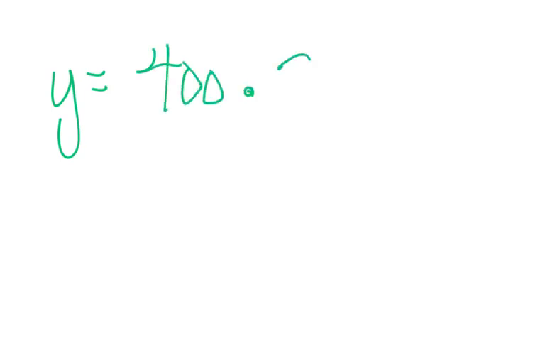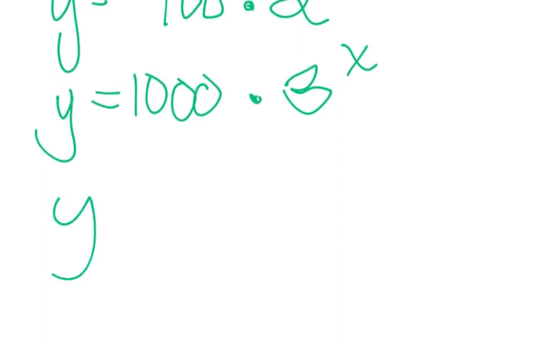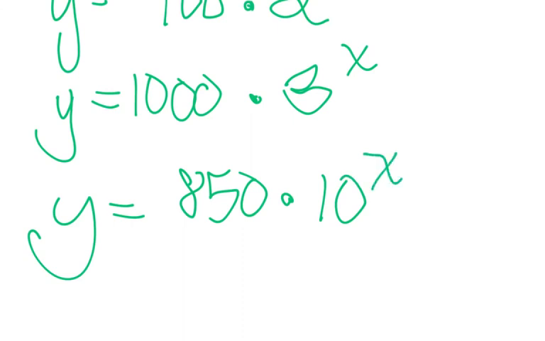That when I write an equation, y is equal to, I can just write an equation of 400 times 2 to the power of x. I can write the equation y is equal to 1,000 times 3 to the power of x. I can write y is equal to 850 times 10 to the power of x.